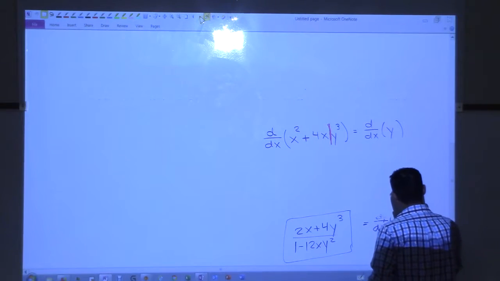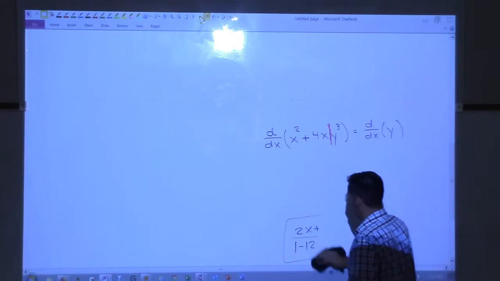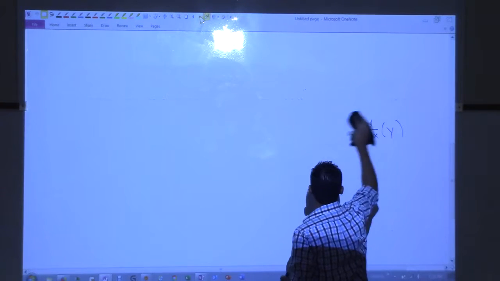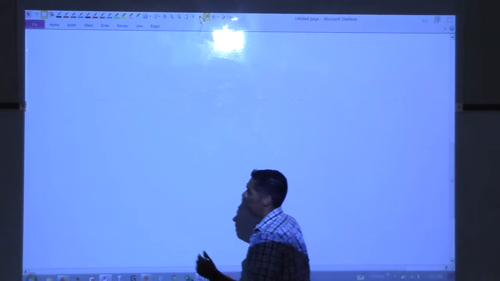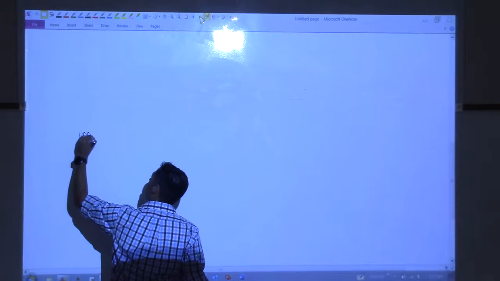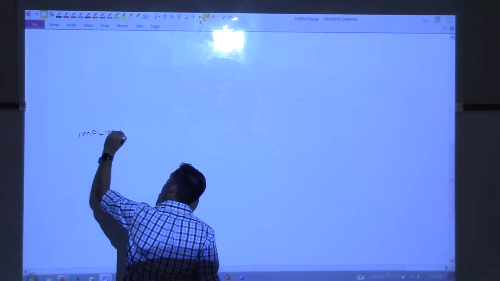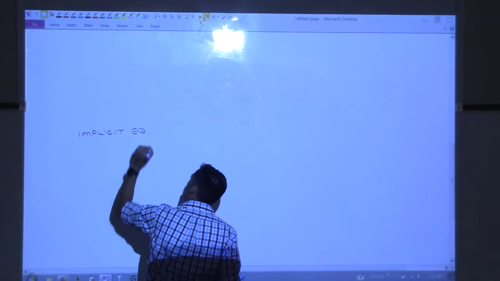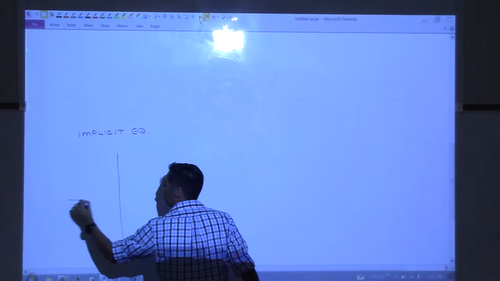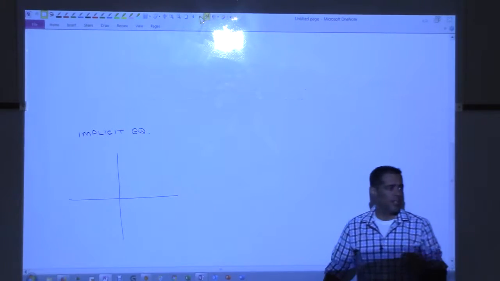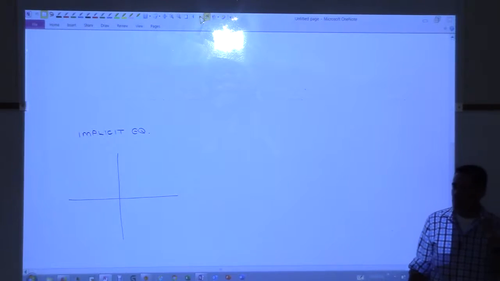So remember from last class, hopefully you can remember this, that the whole idea here is that if we have an implicit equation, then when you graph an implicit equation, it doesn't have to satisfy being a function, right? It can be some picture where it does not pass the vertical line test.